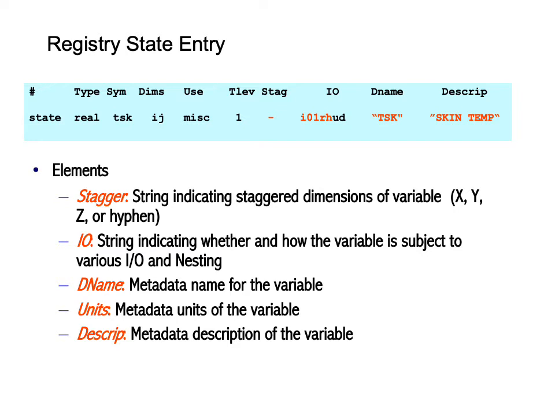So if you make the units kilograms and you would really like to have the units be milligrams, there's nothing inside of the WRF model that is automatically going to scale the variable. The description also is simply just for informational purposes.